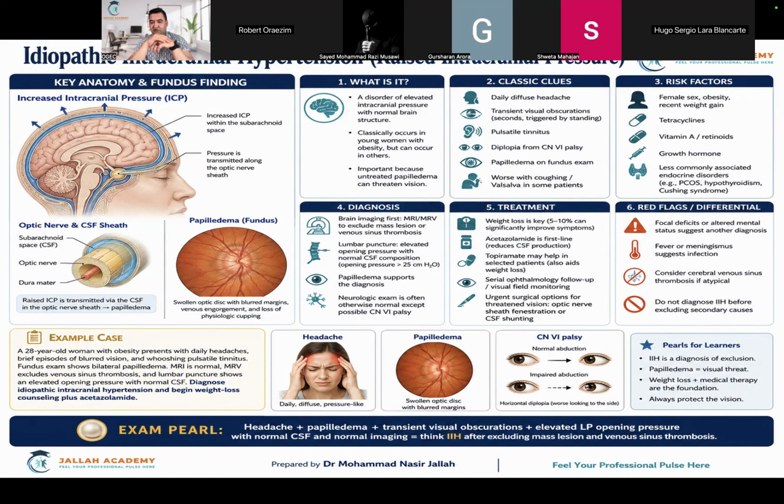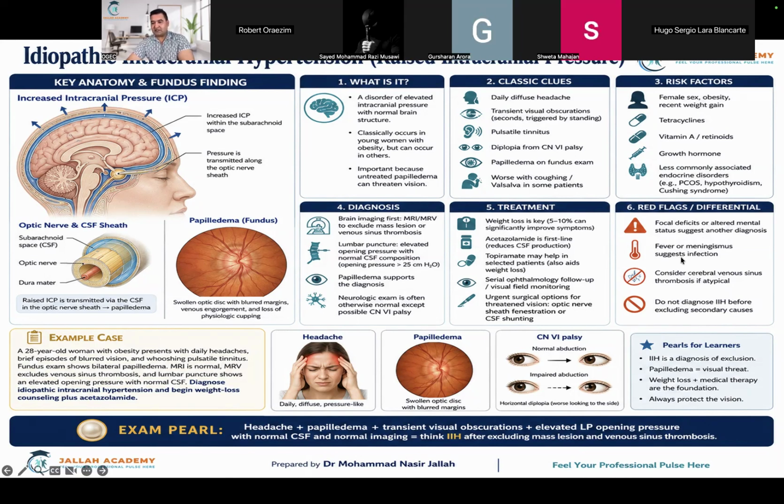Serial ophthalmology follow-up, visual field monitoring, urgent surgical option for the treatment of vision: optic nerve sheath fenestration, or CSF shunting. Focal deficit or altered mental status suggests another diagnosis, because with idiopathic intracranial hypertension the patient will not have a neurological deficit.